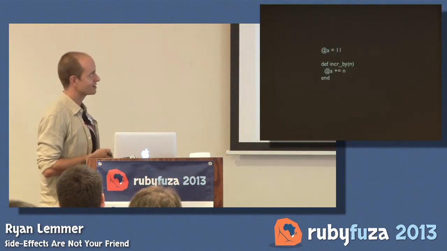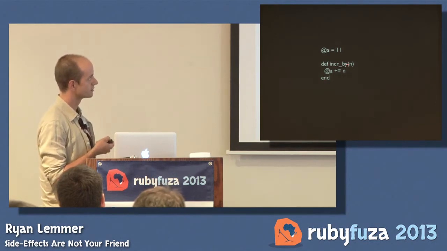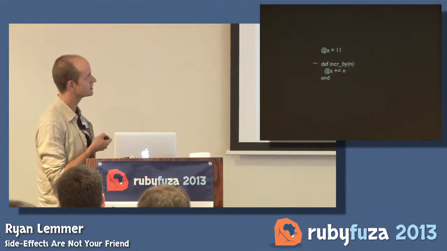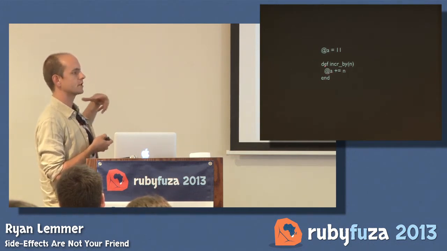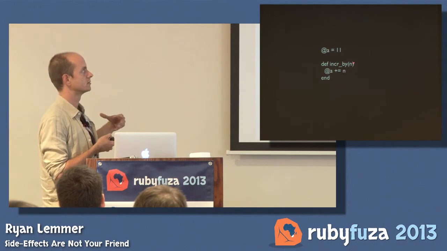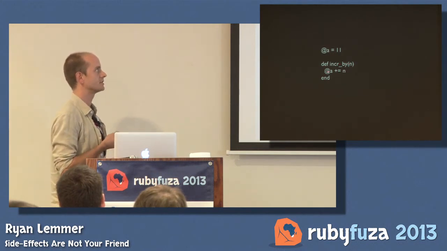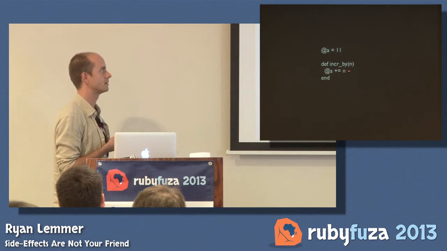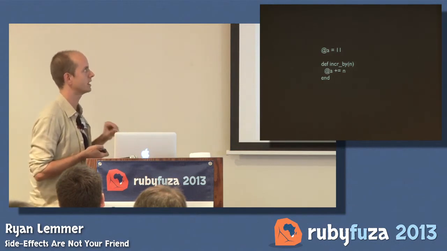So what does purity really mean? Have a look at this function. Instead of A and B, A is sitting in some scope next to the function. B is still being passed in. And so now I'm mutating A. I'm still doing A plus B, but now A is stored somewhere outside of increment by.